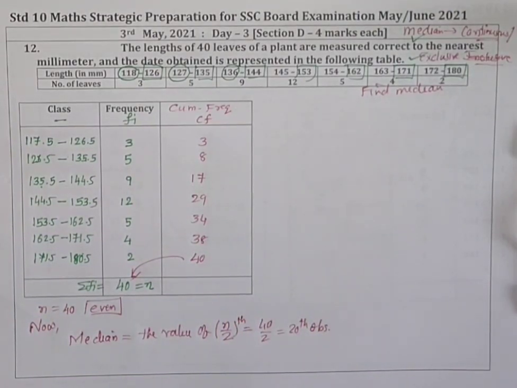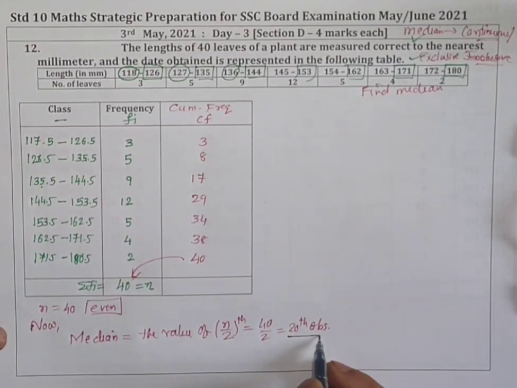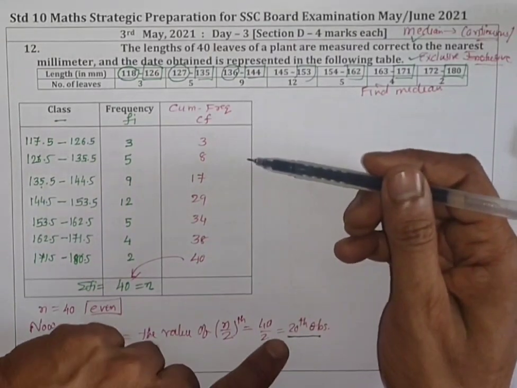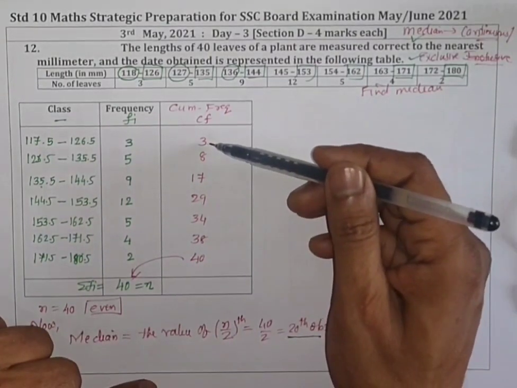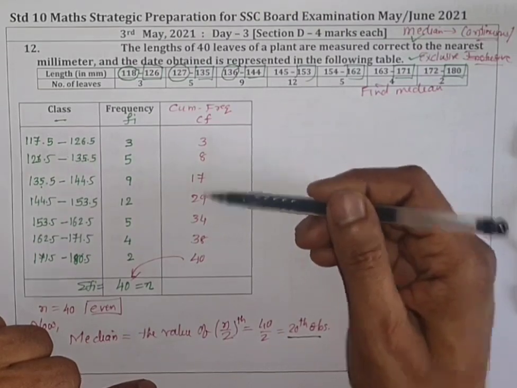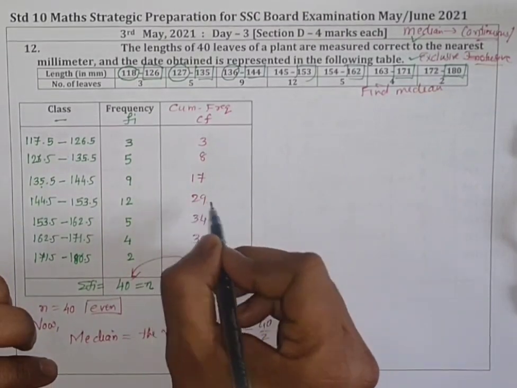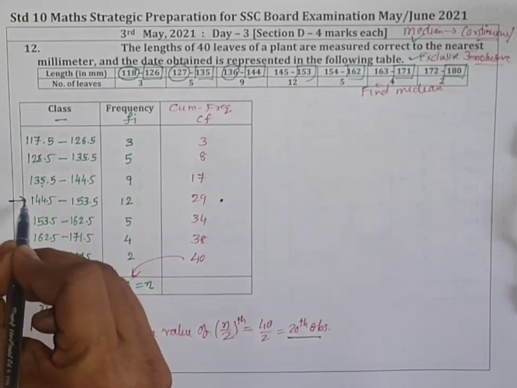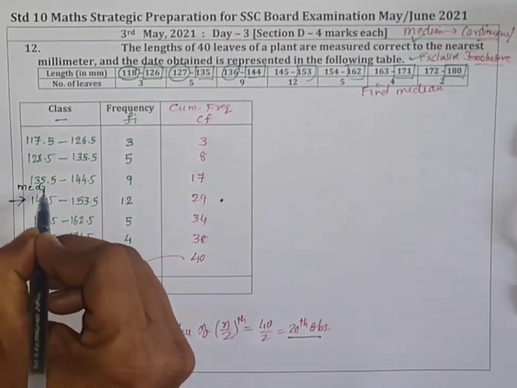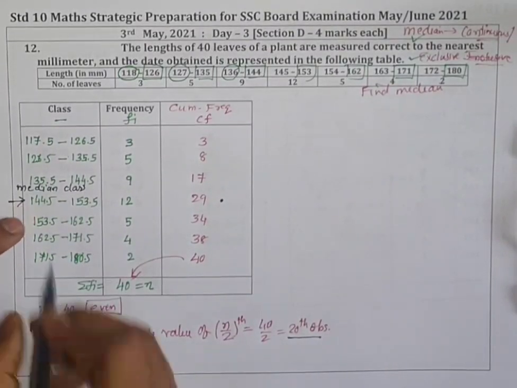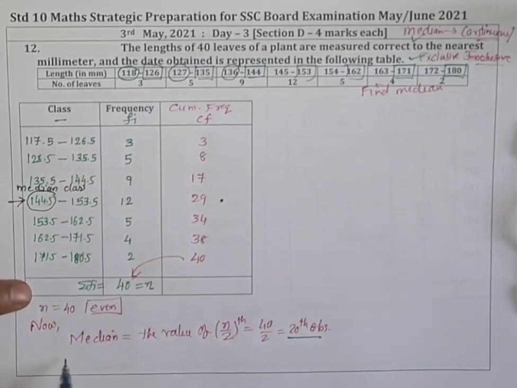Now find out cumulative frequency जो 20 हो या 20 से ज्यादा. 3 कम है, 8 कम है, 17 कम है, 29 ज्यादा है. Right? So this is your cumulative frequency which is greater than 20. So ये जो class मिला, that is your median class. Alright, you got the median class, so you can write the lower boundary. What is lower boundary here?